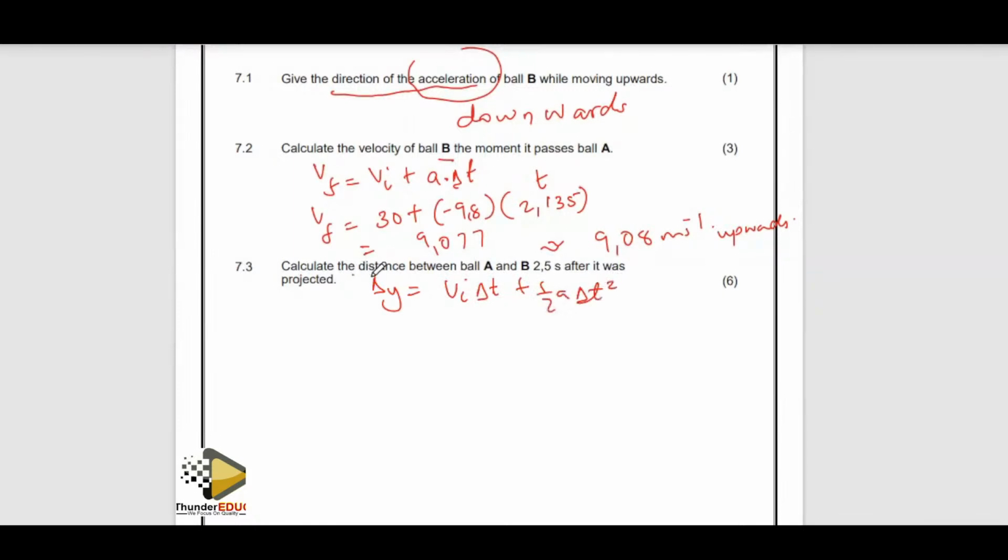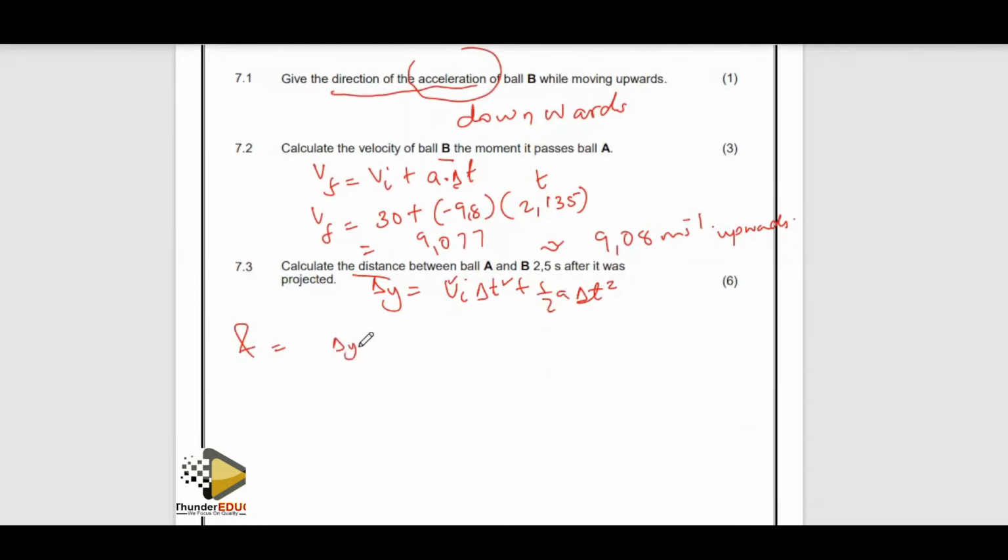Since they're asking us for distance, we know the vi, we know the t's. Okay, they gave us the t as 2.5. Acceleration, we know it. Okay, so I'm gonna look at probably both balls and see what's going on. There's ball A and then there's ball B.